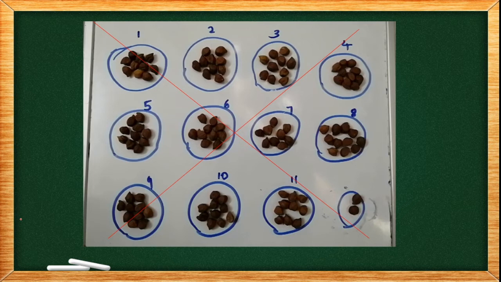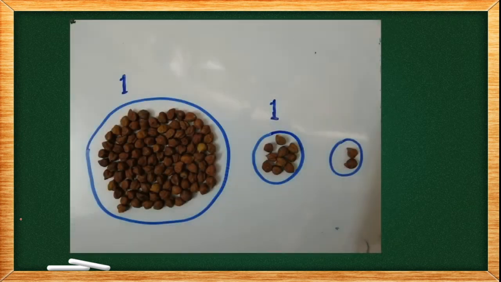So I have to make 10 tens into the next place, that is 100. So it will become like this: one group of 100 and one group of tens and the remaining 2 ones.